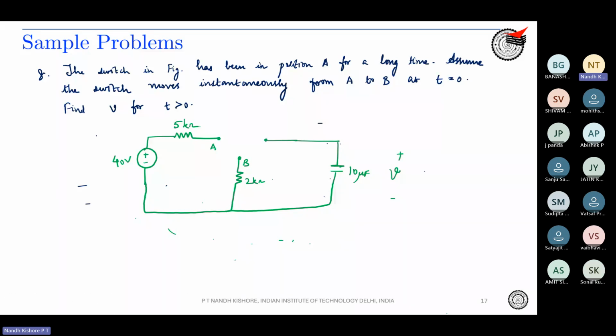Okay, so this is the switch. So now the point is I was initially at position A. Now I'm going from position A to B.